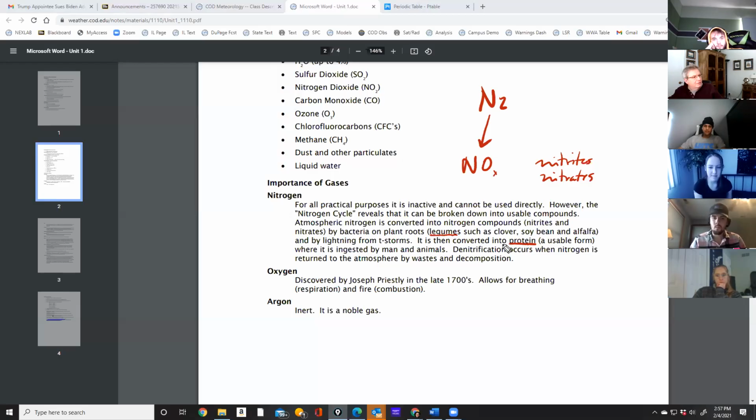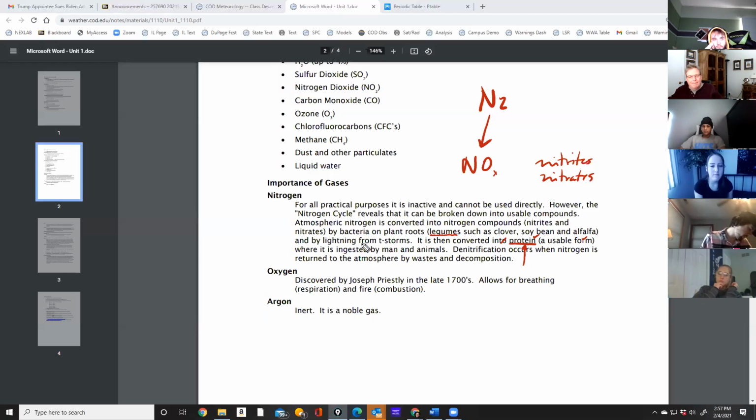Isn't a potato a legume? Maybe. Here are the ones that are common: clover, alfalfa, and soybeans. Vegetarians often eat soybeans because they have a lot of proteins in their diet. So they are able to fix them.